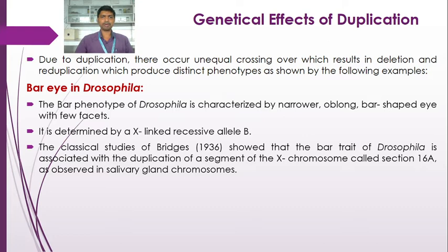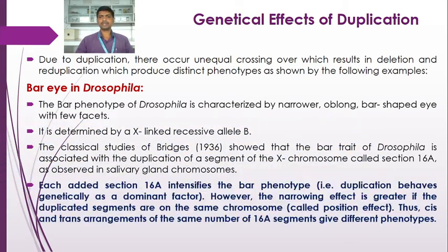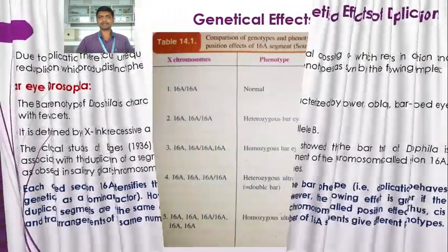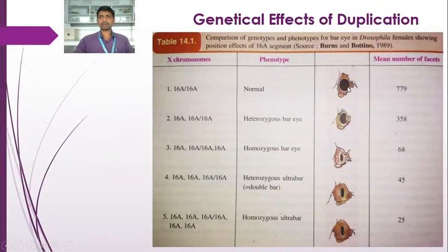The bar phenotype of Drosophila is characterized by a narrower oblong bar shaped eye with few facets. In this diagram, this is the normal eye, which is round, then it becomes oblong, a narrower oblong bar shape.